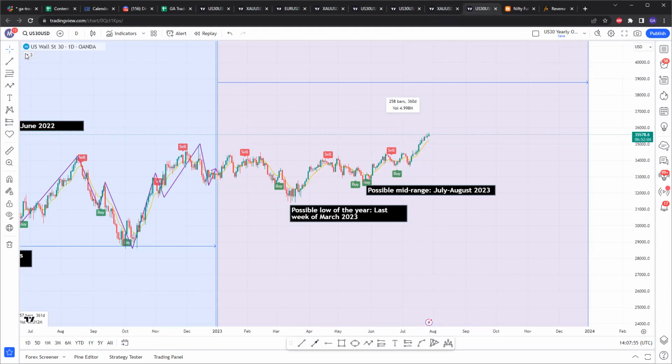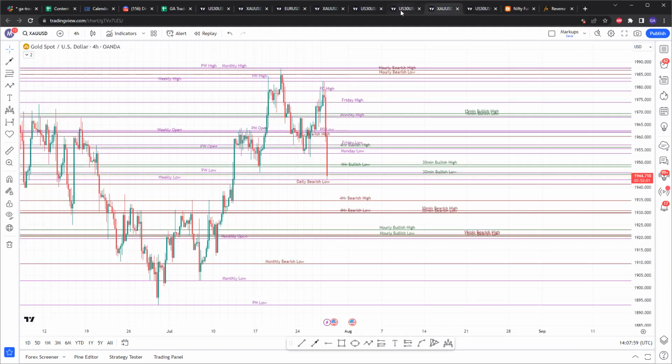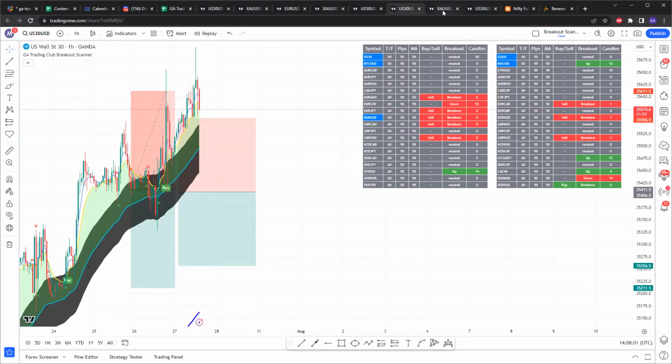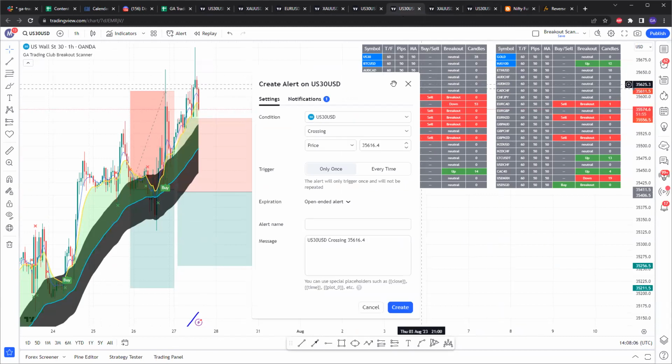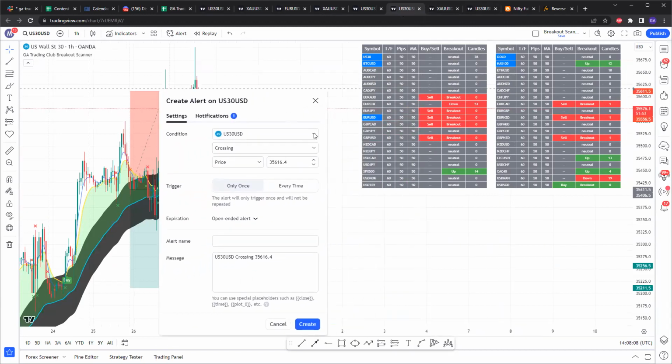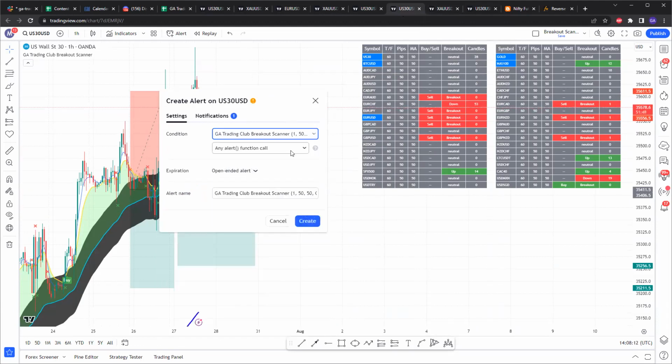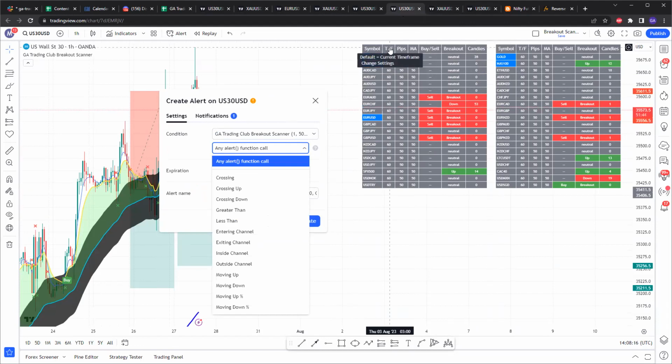On the breakout scanner, I was looking if there was a way to put an alert. But no, you can't, because on the breakout scanner there's no way to put an individual alert based off of just one asset. Right now the breakout scanner scans for all of this, so if you put any alert, it's going to give you an alert for everything.